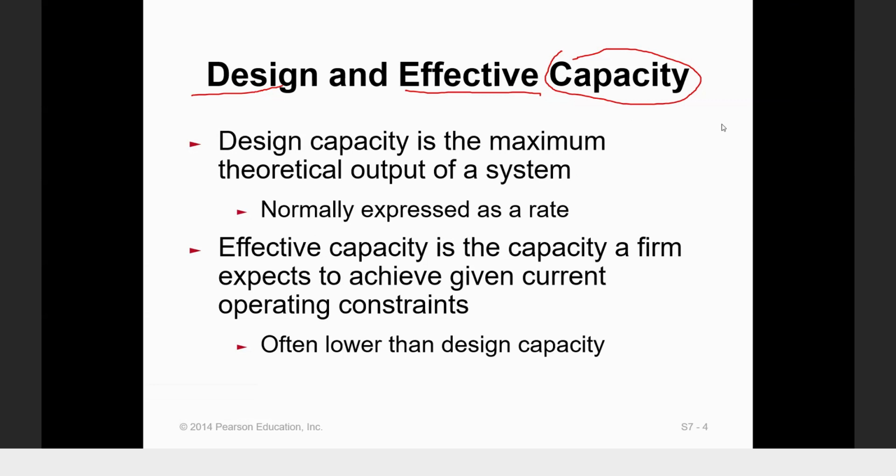Design is the ideal condition where you first design a factory. You know that this design capacity can take a certain amount of units, but when you are operating, there are some limitations to it. So there might be a machine working slower than expected, because the constraint is the operating condition.